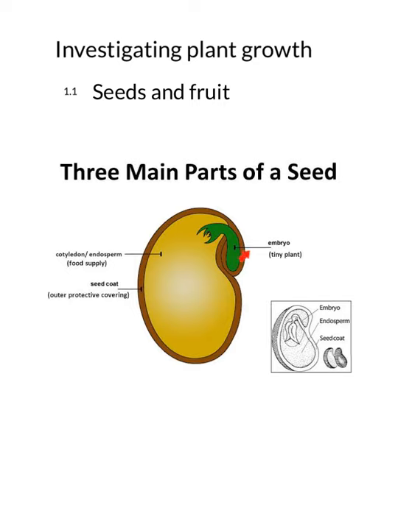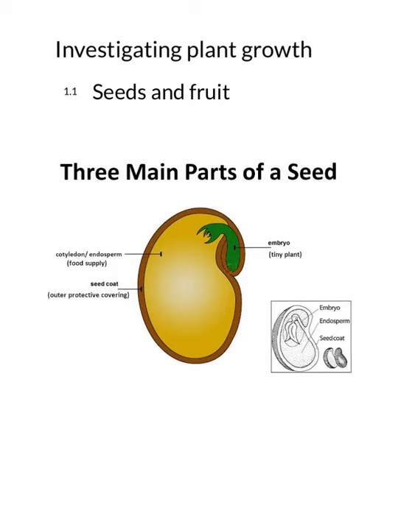Now let us look into how a seed grows into a new plant. This is a seed, a dicotyledon seed. Dicotyledon seeds have two halves, and in the middle of the seed you can find a tiny embryo or a tiny plant growing. You can observe this when you soak seeds overnight and they start to germinate.